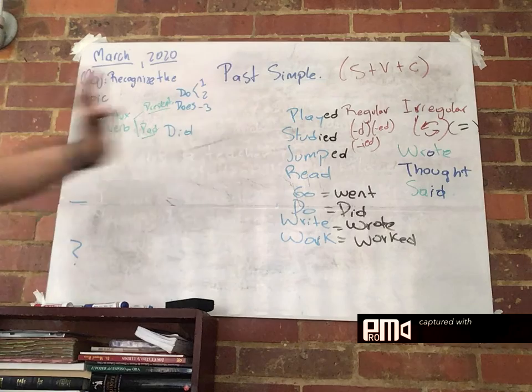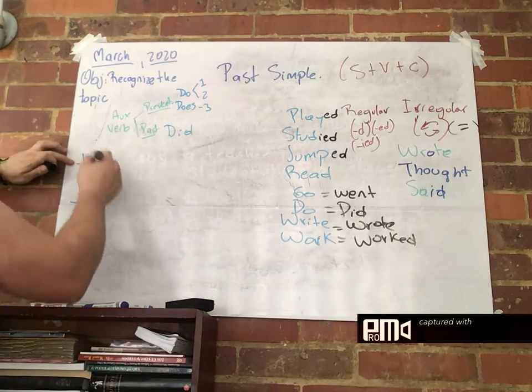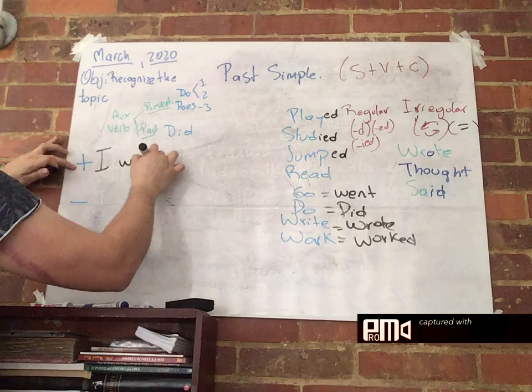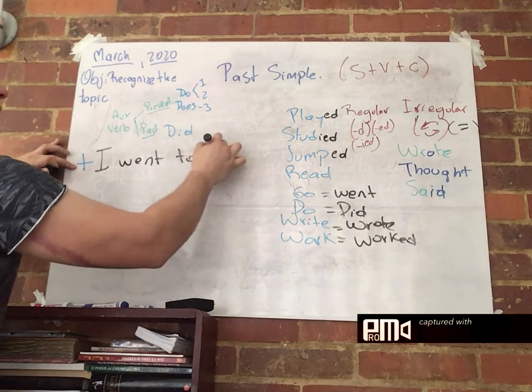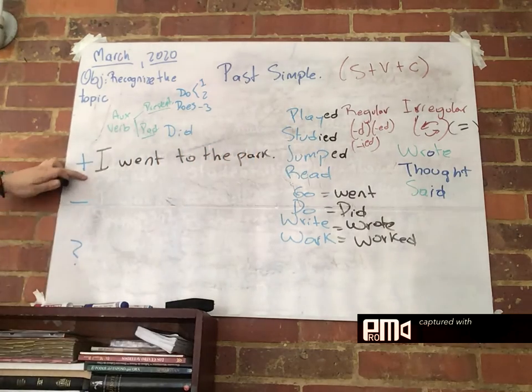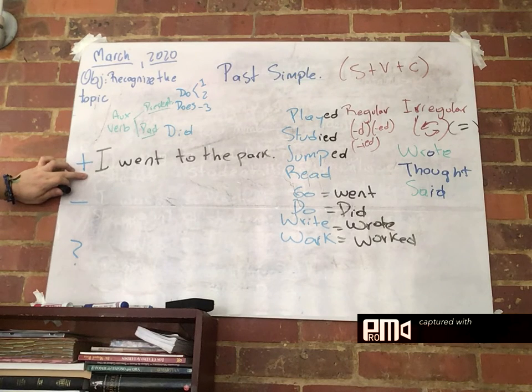Now, going to the verbs, we are going to use them in an affirmative sentence. I went to the park. Teacher, yesterday I went to the park. Today is Saturday; yesterday, Friday, I went to the park.